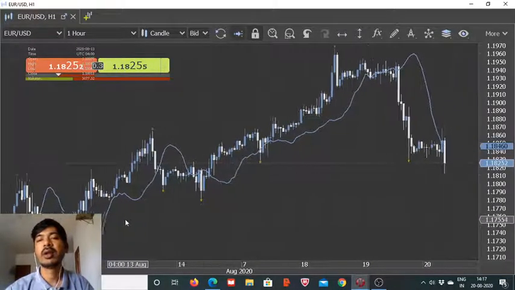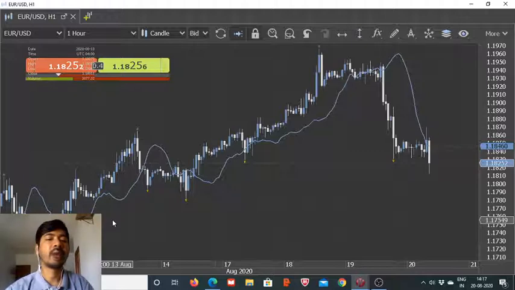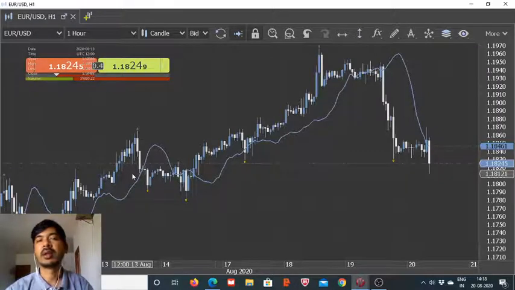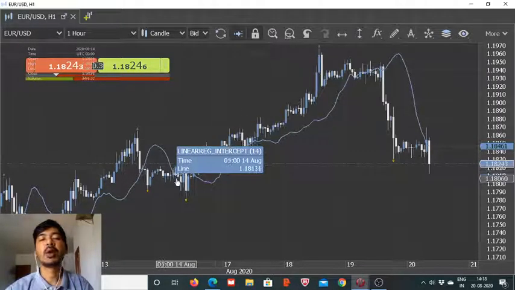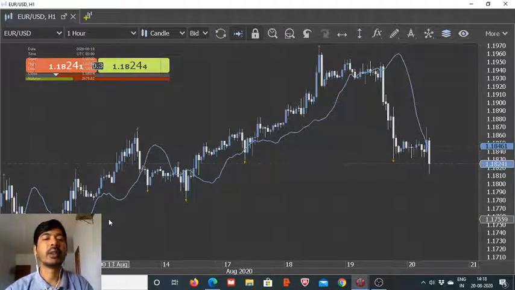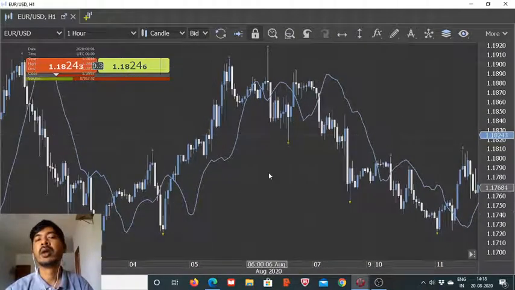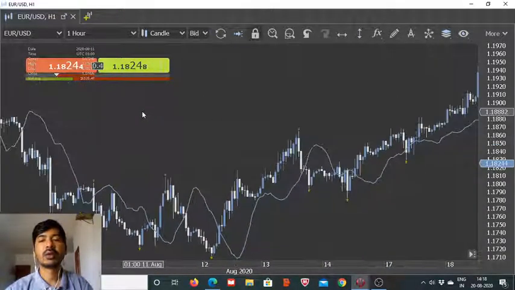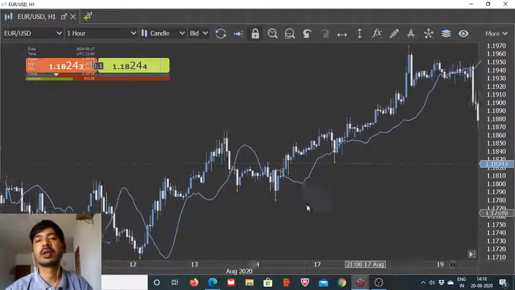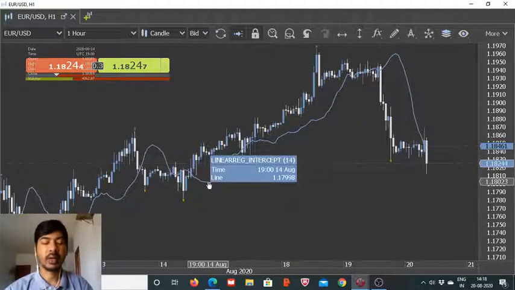But sometimes when the price action is in sideways territory, we get a lot of whipsaw moves, and to avoid that we have to use other indicators in conjunction with the linear regression intercept, as you can see here. Or we can try some experimentation with the time period calculation.